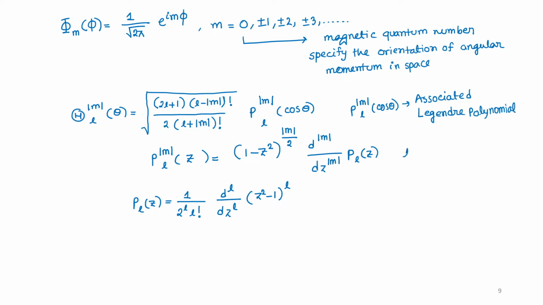So this L is the azimuthal quantum number, or you can say orbital angular momentum quantum number, or orbital quantum number. This m can have values 0, plus minus 1, and so on.